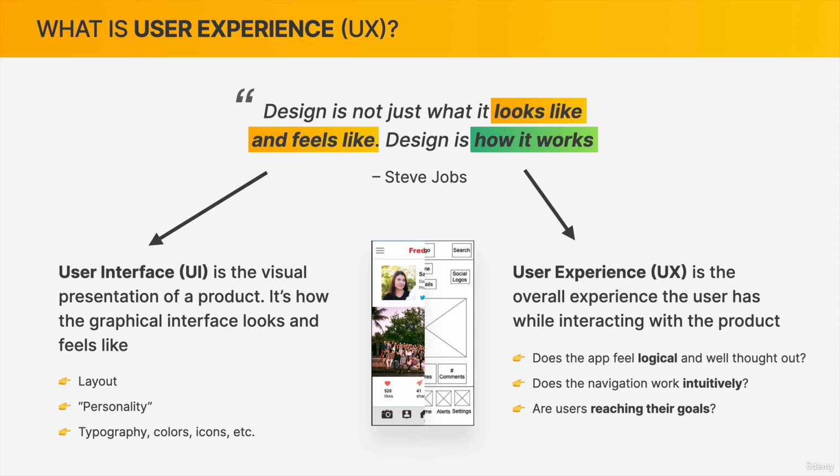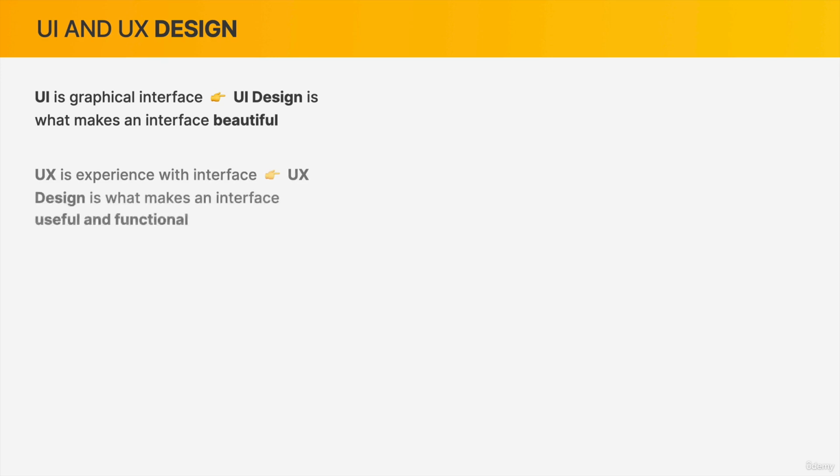And speaking about design, let's now talk a little bit more about user interface and user experience design. So, as designers, we can of course design both the user interface and the user experience. So, if UI means the user interface, then UI design is essentially what makes an interface beautiful.